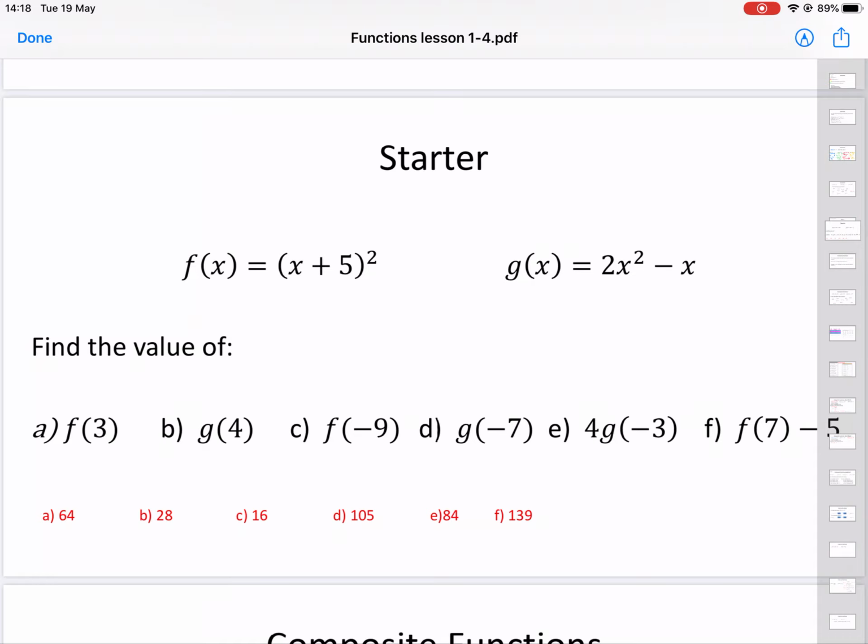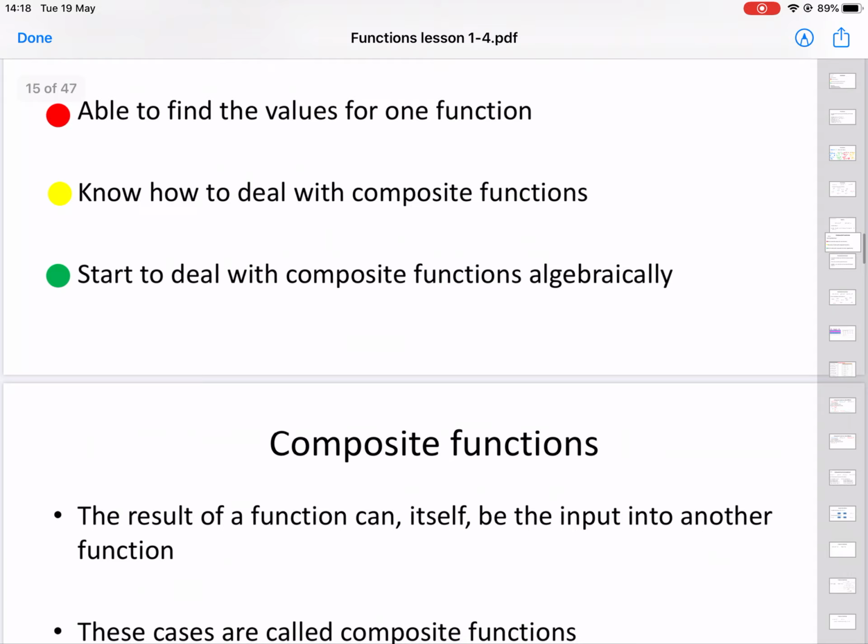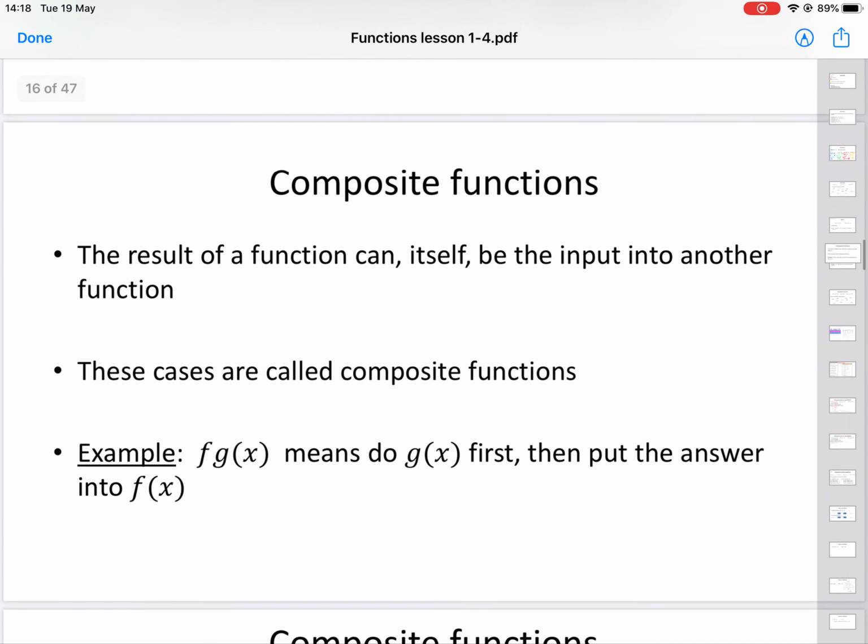Okay, so composite functions. What are they? A composite function is basically where you put an answer through a function once, and then you put it through another function. So it's like doing it twice, basically.